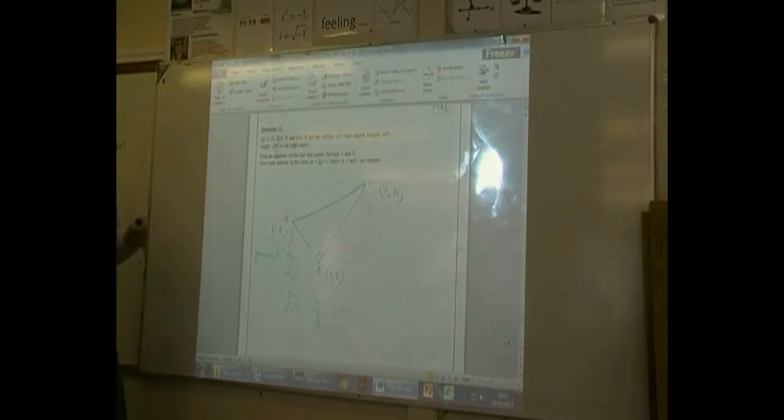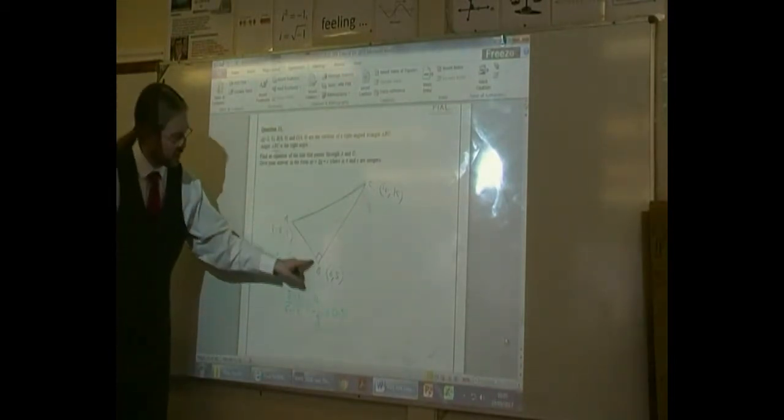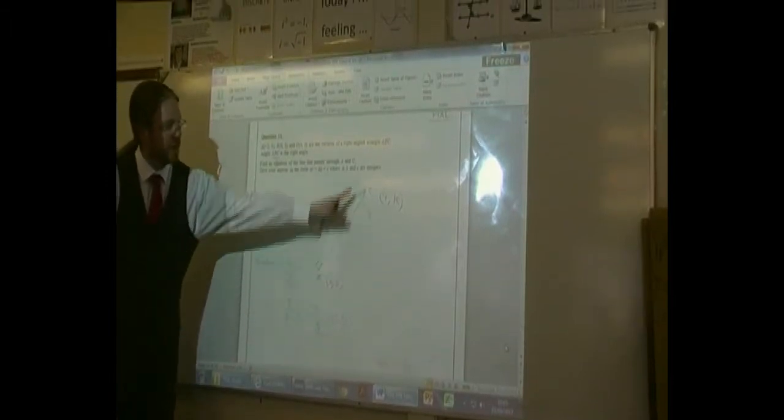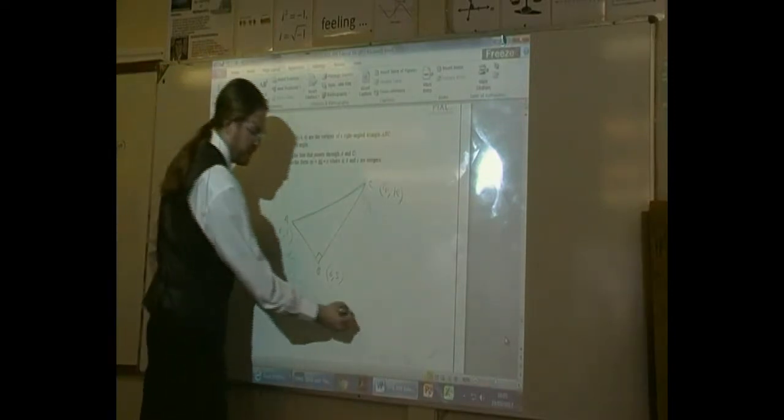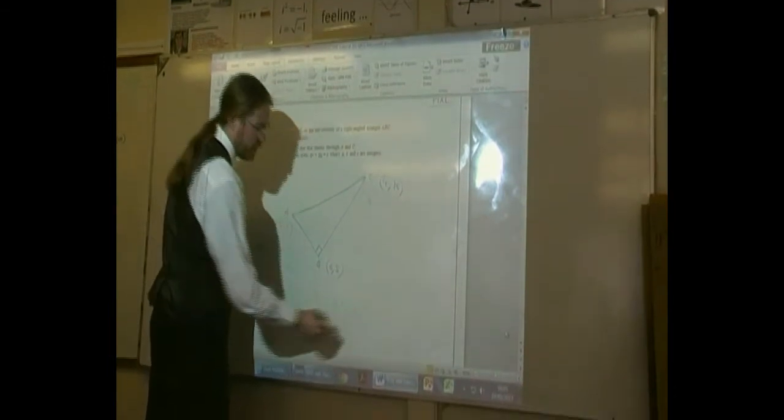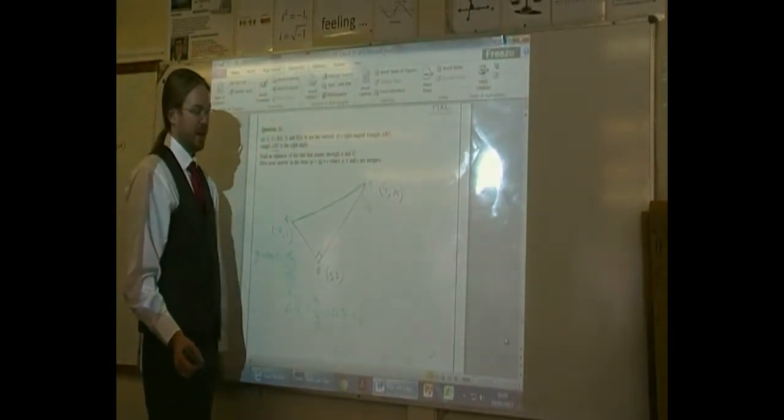Now, that's the gradient of this line, but we want the gradient of that line, and they're perpendicular, and that means that the gradients will multiply to make minus 1. Or, if you think about it as a half, we can flip it and make it negative.